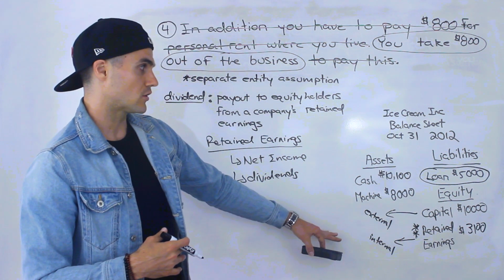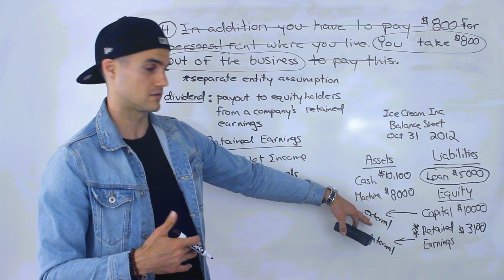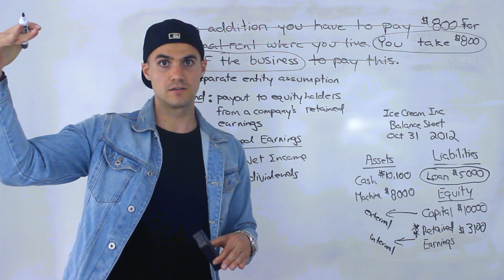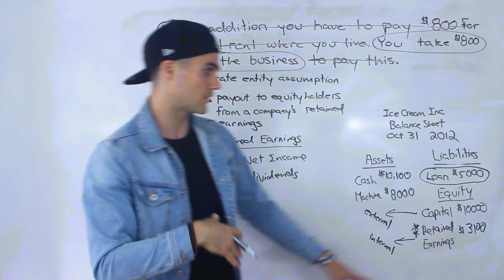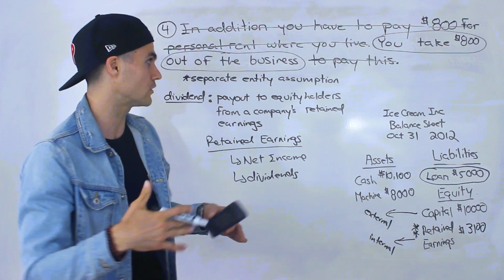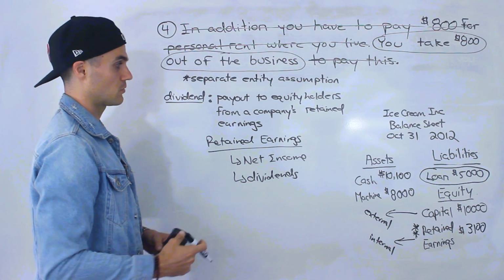So remember, the retained earnings on October 1st, 2012, was $2,000. And then it went up by $1,900 to $3,900, and then it went down by $800 to $3,100. So notice that retained earnings has fluctuated a lot within this month, within October.